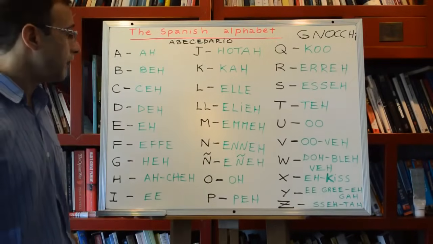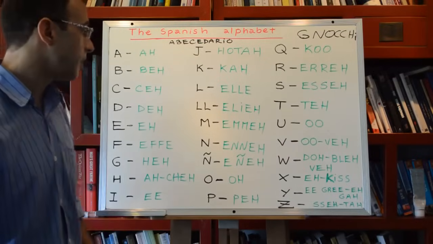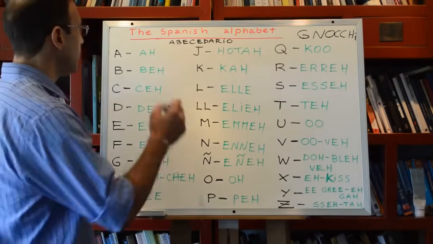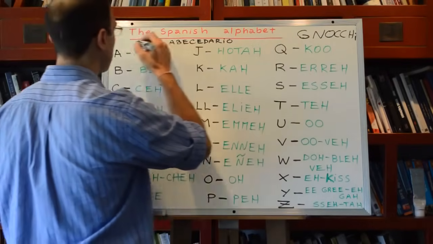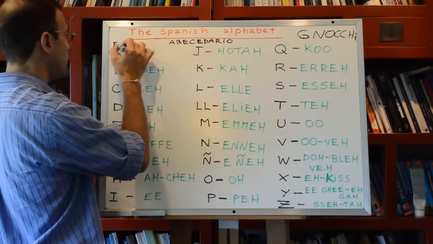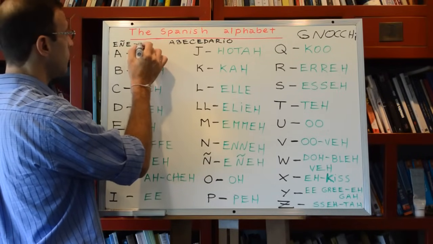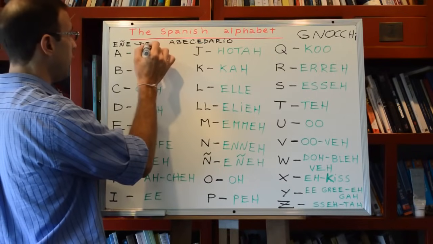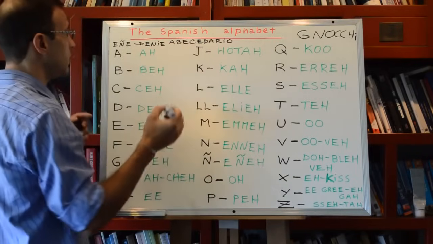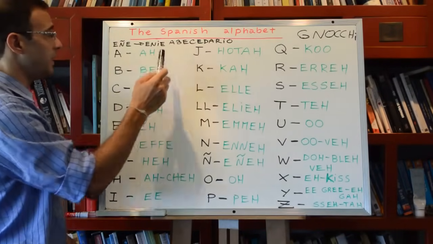If you cannot pronounce the ñ sound, the most similar thing would be the NI sound. Instead of pronouncing ñ, if you're having a hard time with this, you can say enie, E-N-I-E.